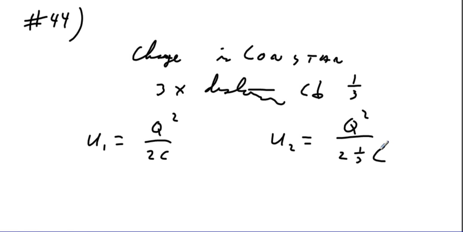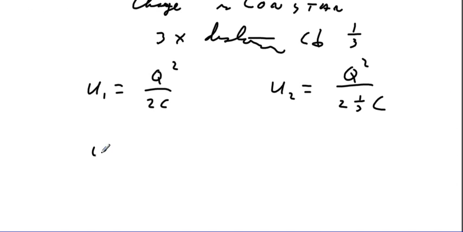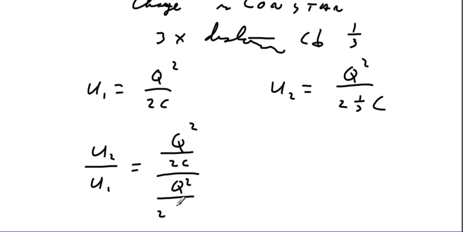Okay, and then we want to know how much did the stored energy change. So that'd be U2 divided by U1, Q squared over 2C divided by Q squared over 2 times 1/3 C. Everything goes away and all I have is a 3 left over.